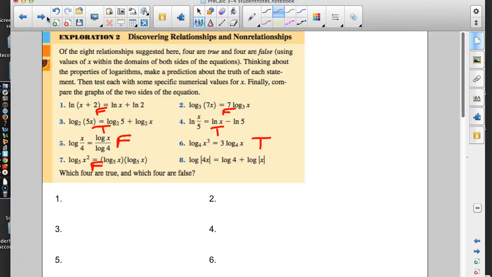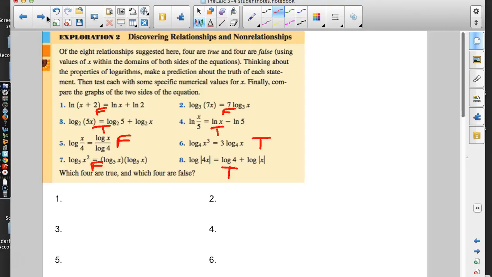Number 8, logarithm of the absolute value of 4x. Ooh, we haven't even talked about that yet. Equals the logarithm of 4 plus the logarithm of the absolute value of x. What do you think? It's going to work, isn't it? It takes the absolute value where it needs it, which is with x. And we've got multiplication, that is addition, in logarithm language. 1, 2, 3, 4 truths, 4 falses.